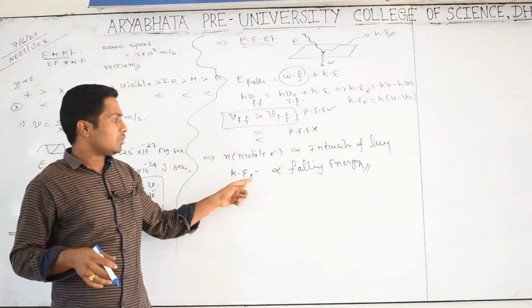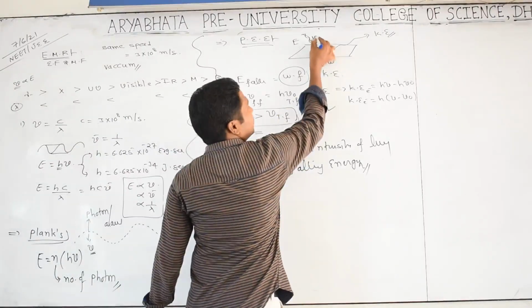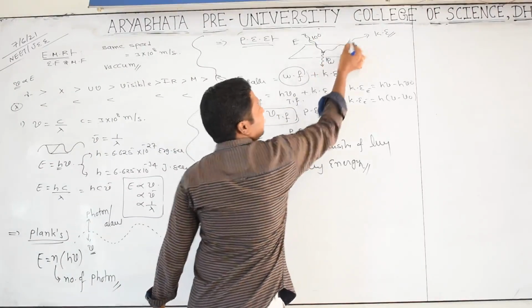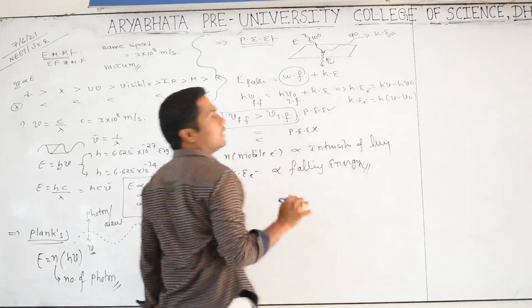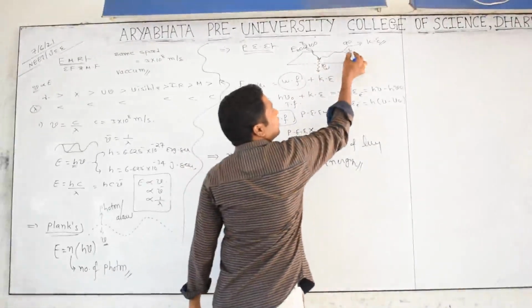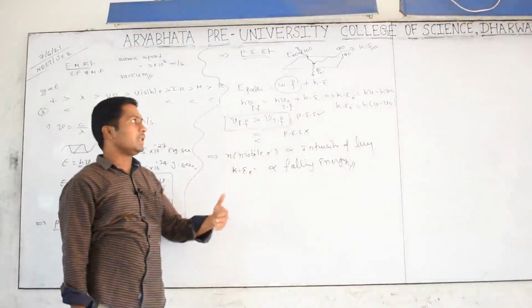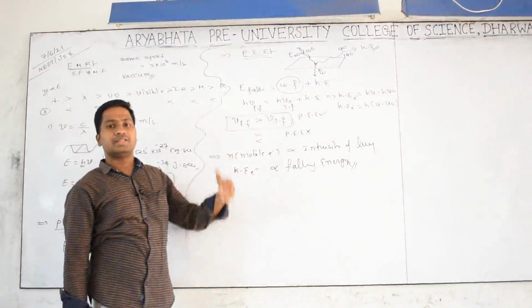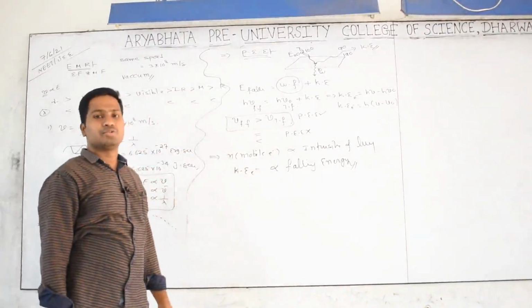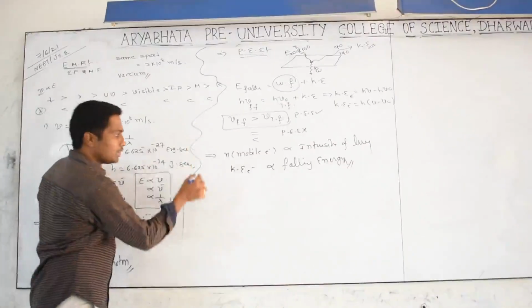And for kinetic energy, for example, you are falling 100 kilojoules of energy, 10 is taken by the metal, 90 is coming in the form of kinetic energy. You are falling 200, then only 10 is taken, but 190 is in the form of kinetic energy. That's why, as the falling energy increases, kinetic energy also goes on increasing. This is a very important concept. All of you clear? Yes.